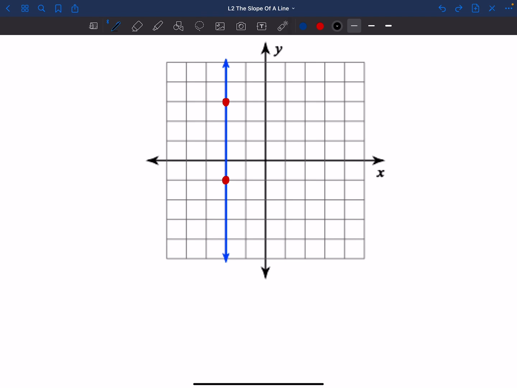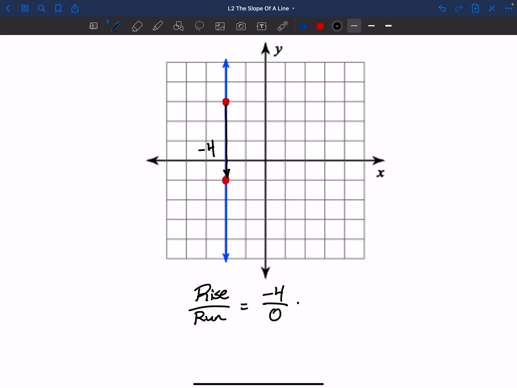So the rise, I'm going down 1, 2, 3, 4. So that is a rise of -4. So rise is -4, and then the run, if I'm thinking about how far left or right I need to go, I don't need to go left or right at all. So that's 0, kind of like with the last one where we didn't go up or down at all.